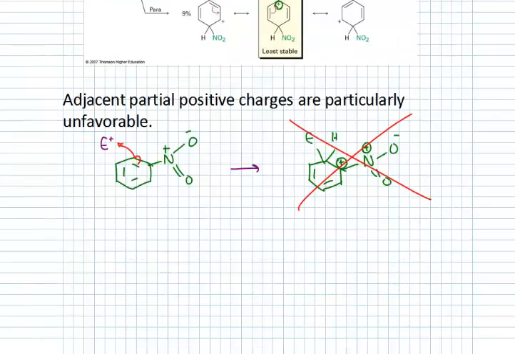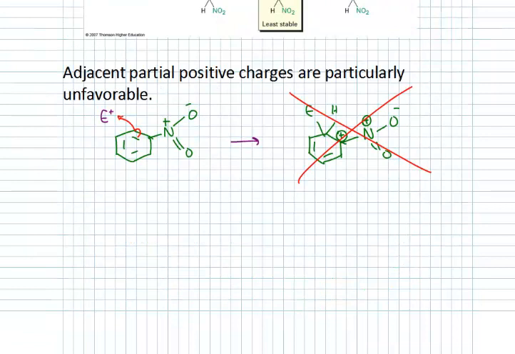But if I draw just some quick reaction energy diagrams, if I have an ortho-para director, right, something like phenol, the ortho and para positions are stabilized.